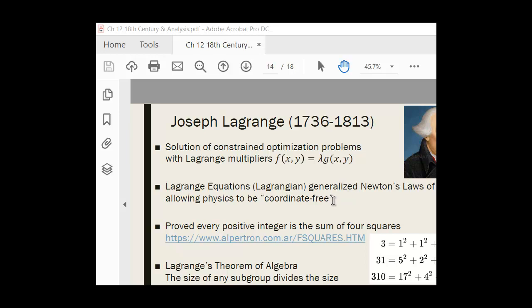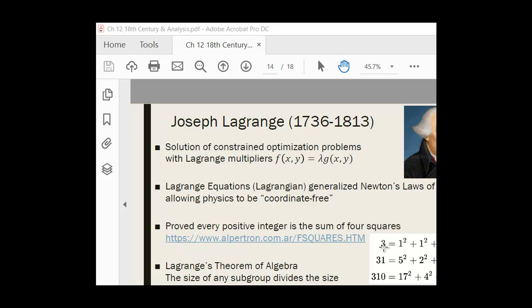And there are also spherical coordinates and so on. Lagrange said, wait, let's back up, and we can describe motion in a way that's coordinate free. So we can talk about the motion of this object without committing ourselves to working in a particular coordinate system. A very powerful idea.